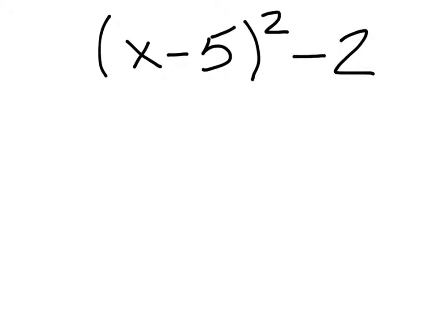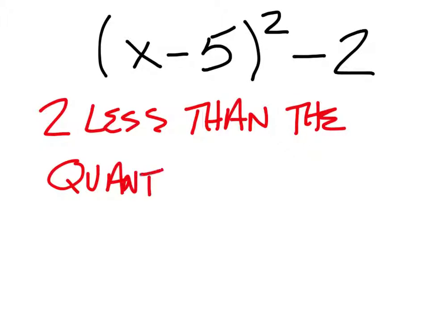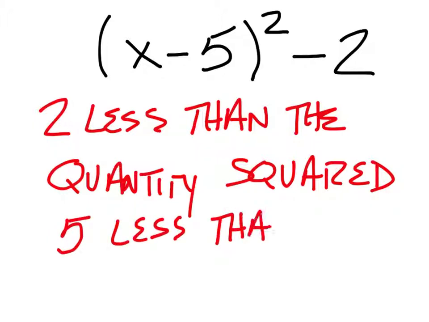Instead of less than 2, 2 less than. 2 less than what? Less than the quantity squared of what? Of 5 less than a number. Yeah, you can say that. Or you could say 2 less than the quantity squared of the difference of a number and 5.